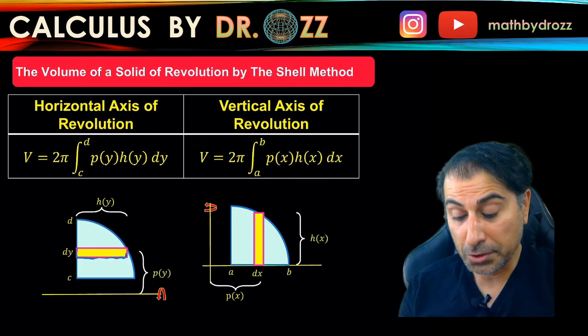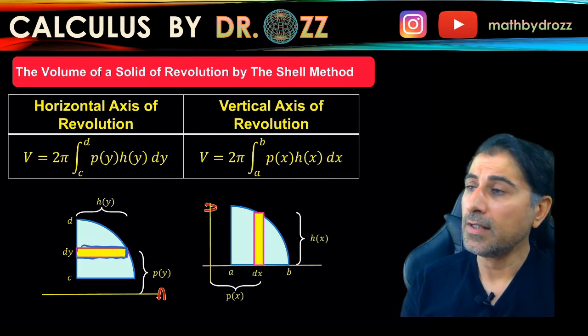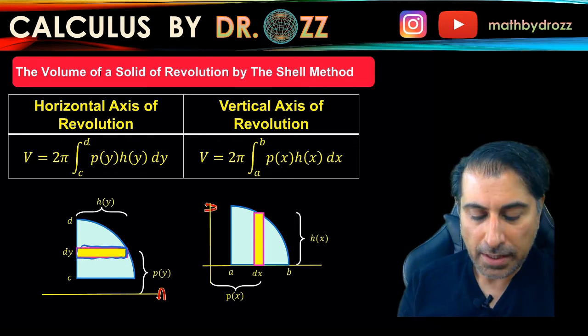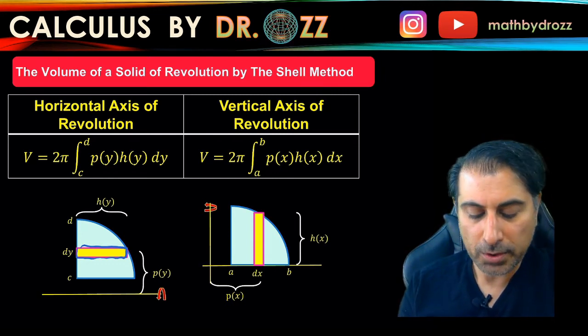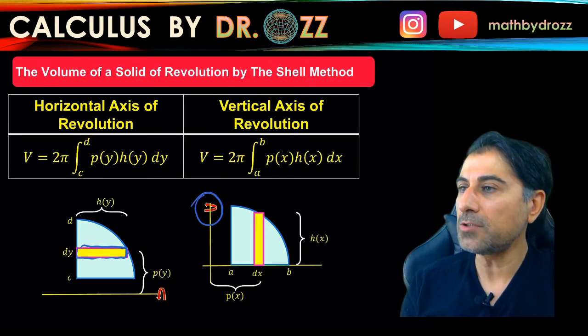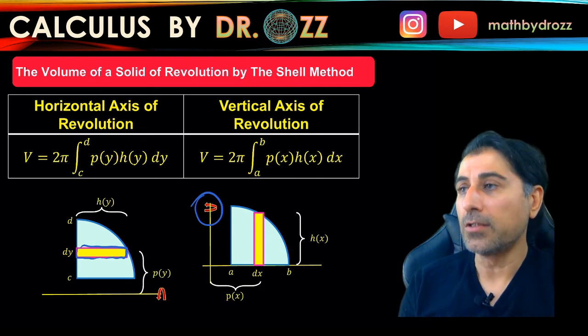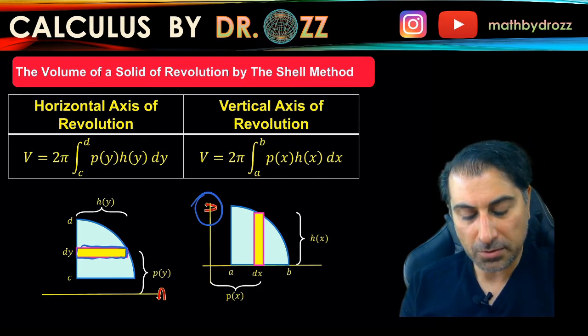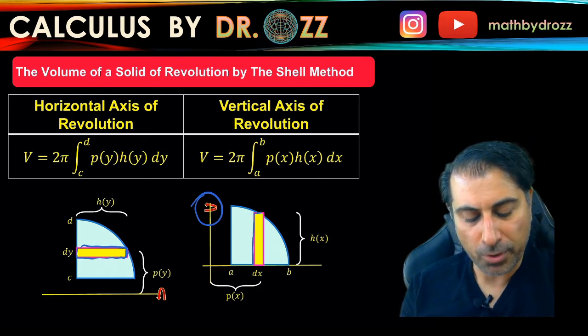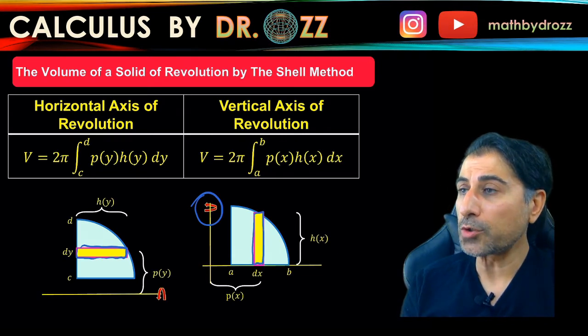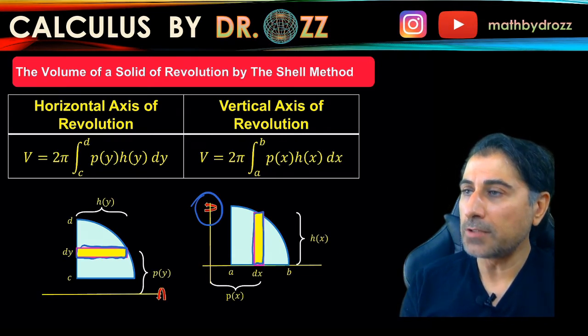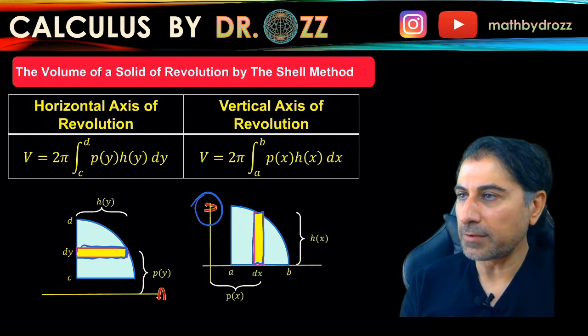In fact, the representative rectangle in this case is parallel to the axis of revolution. And if you are talking about the vertical axis of revolution, you're going to choose again rectangles parallel to the axis of revolution. So here we have a vertical rectangle chosen from the region that is supposed to be revolved around.